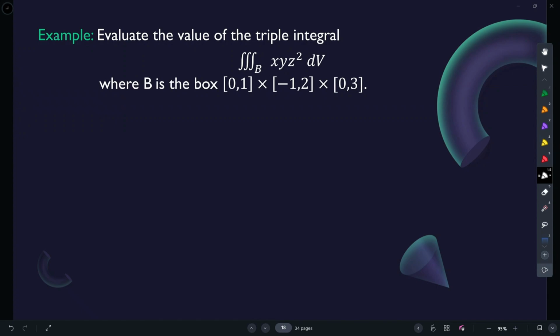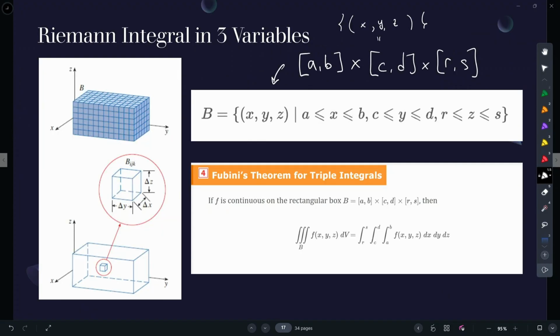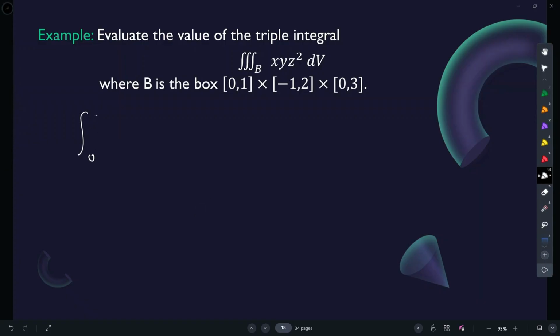So if I want to evaluate this triple integral, the way I set it up here, z is last, so z appears first, from 0 to 3 in z, from -1 to 2 in y, and from 0 to 1 in x, of x y z squared dx dy dz.